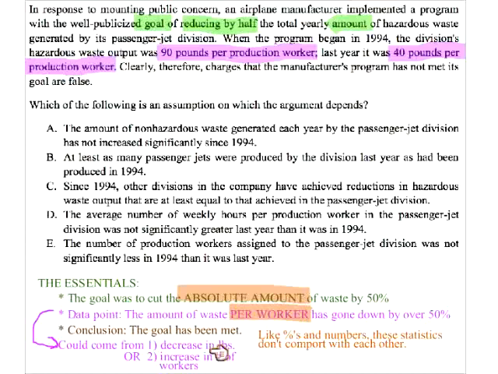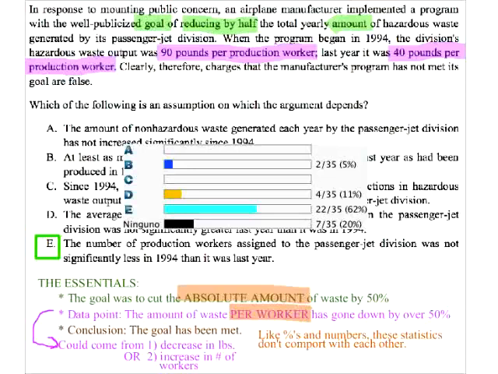So the assumption is that it's not number two, because we're saying that our goal, which is a decrease in pure pounds, has been met, which means we're basically just assuming that it's not number two. So that means E. Okay, so most of you picked E. I didn't put the statistics on the board earlier, so here they are.